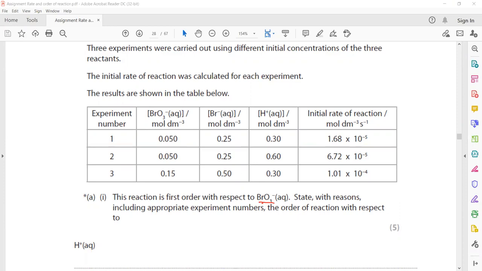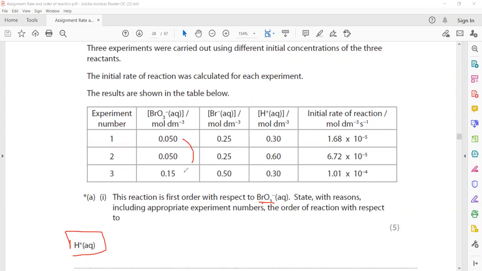So how can we work this out? As you can see, not all the experiments are the same here; the concentrations are not the same, and it's 5 marks. So how do we work this out? First, they already provided that it is first order with respect to BrO3 with the minus charge.